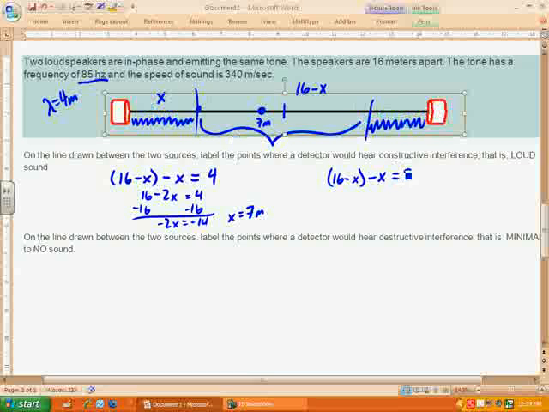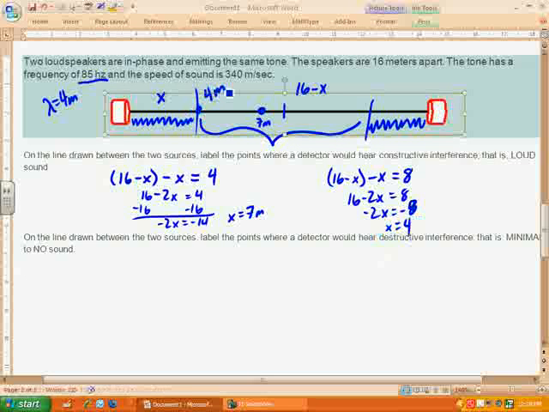So 16 minus 2x equals 8. Subtract the 16, negative 2x equals negative 8, sorry, I was working ahead of myself, so x equals 4. So another one right here at 4 meters, and I'm going to get constructive interference there as well.